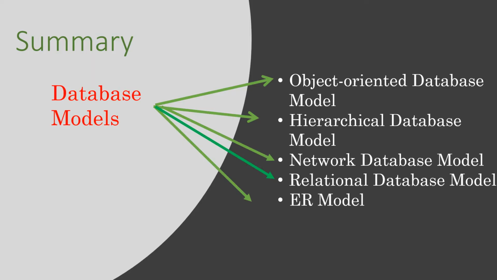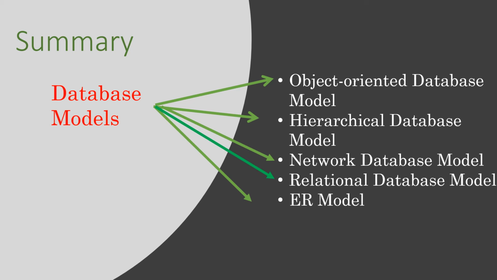To summarize the lecture on database models, we have the OOD, or Object-Oriented Database Model, which is a DBMS that supports the modeling and creation of data as objects. This includes support for classes of objects and the inheritance of class properties and methods by subclasses and their objects.